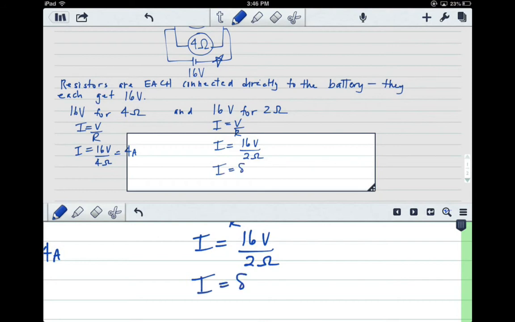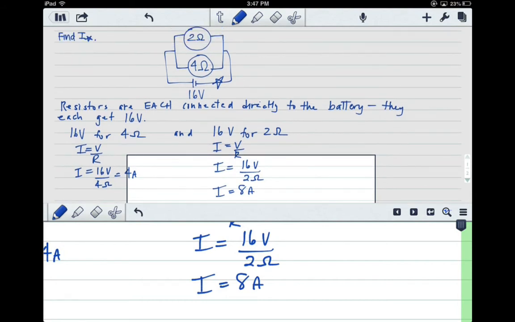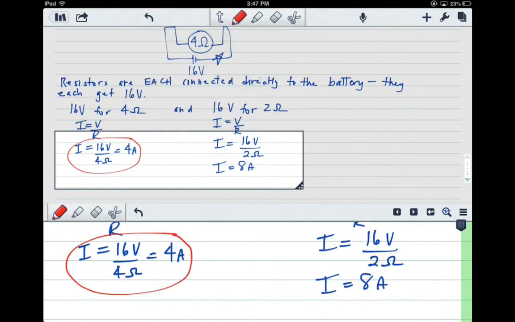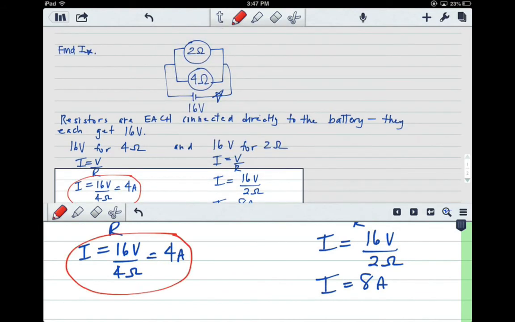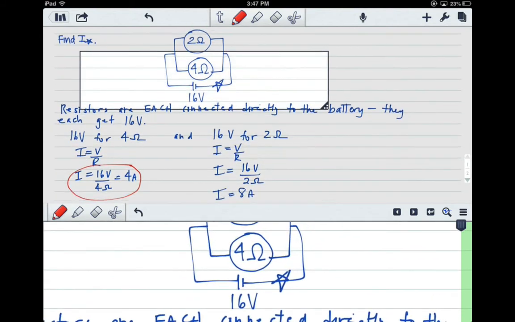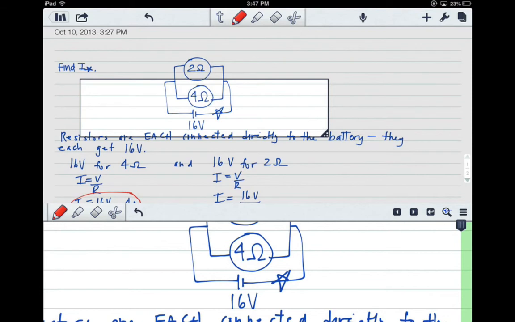Now, that means there's 4 amps of current going through one branch and 8 amps going through the other. I see that this calculation tells me that there is 4 amps of current down here in that branch.